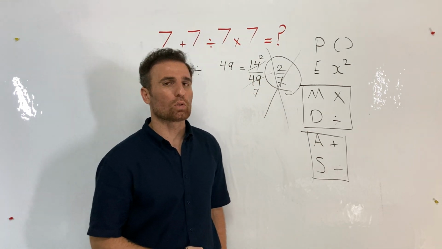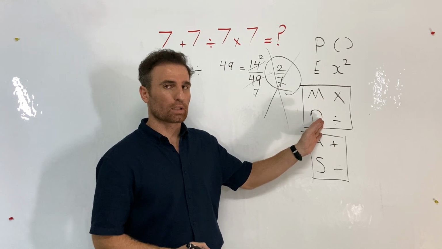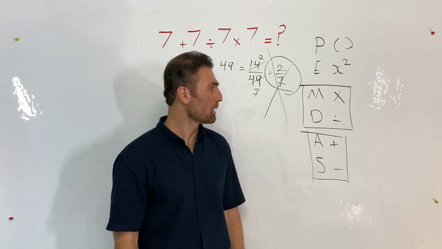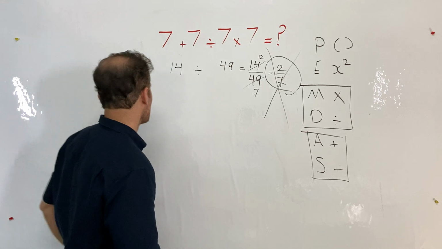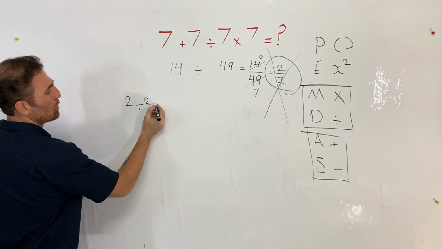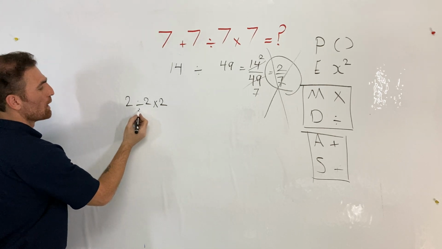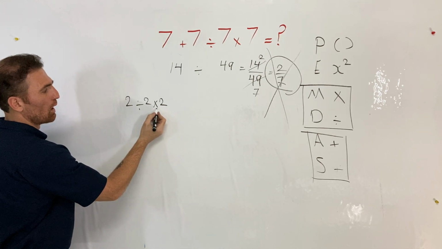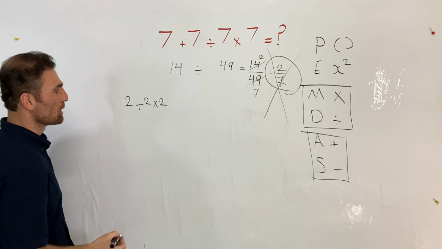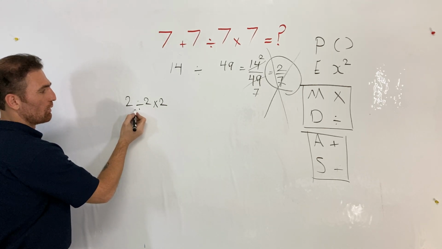So what should we do when we have both multiplication and division in one expression? Let me explain it with an example. For example, we have 2 divided by 2 times 2. To solve this, should we start with division, then work on multiplication, or should we start with multiplication, then work on division?